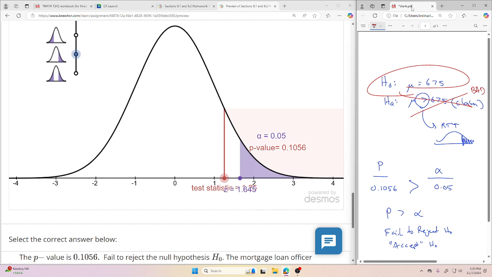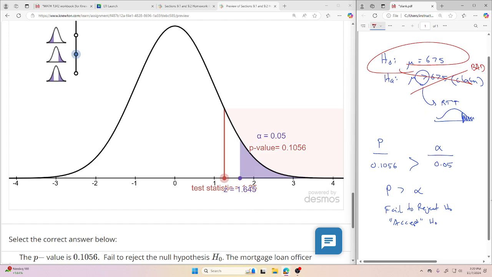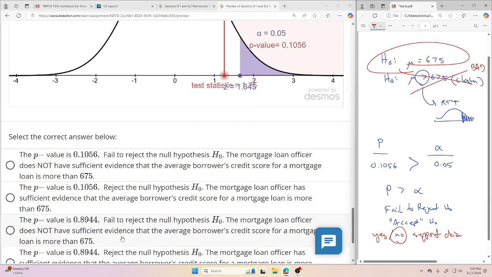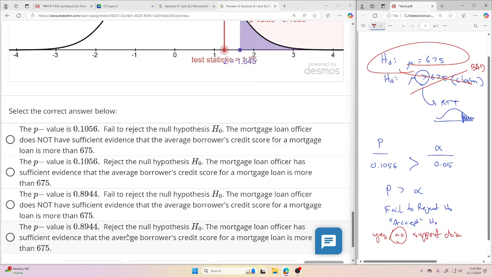So then I'm going to scroll down a little bit: yes or no support for the claim. And you would say no support for that claim. All right, now that we got all this, we can get through this. It's definitely one of these top two. So which one? Failed to reject, more than, not support. Everything's lining up.